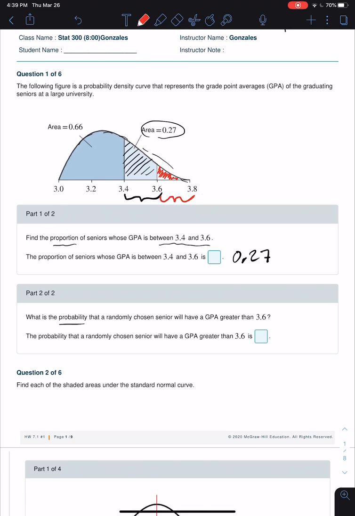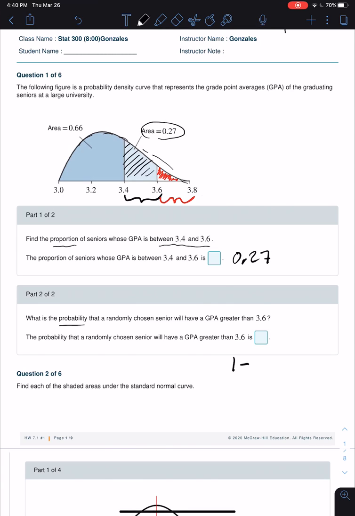So what we'd want to do is take the value of 1, because the area under the full curve is 1, and subtract out 0.66 and subtract out 0.27.